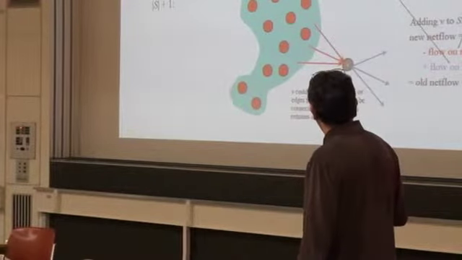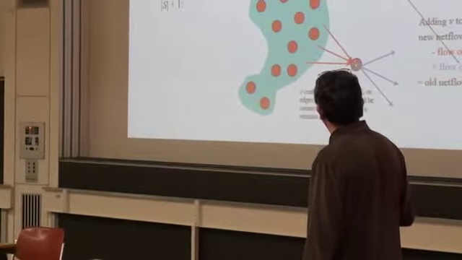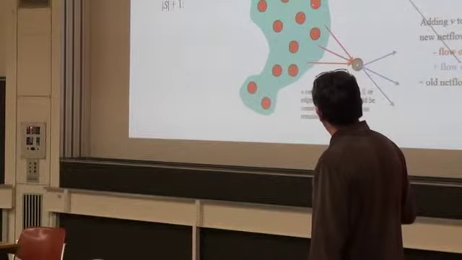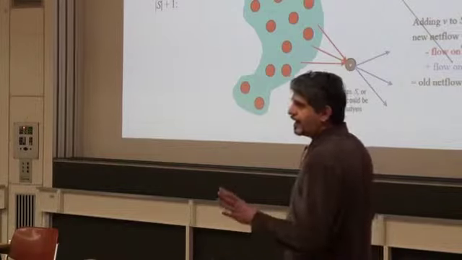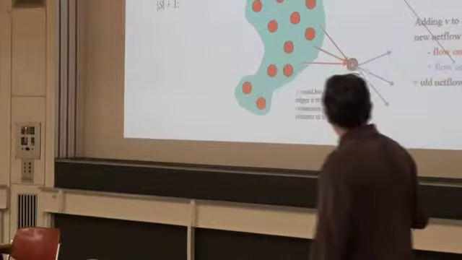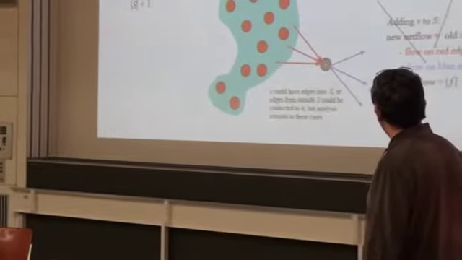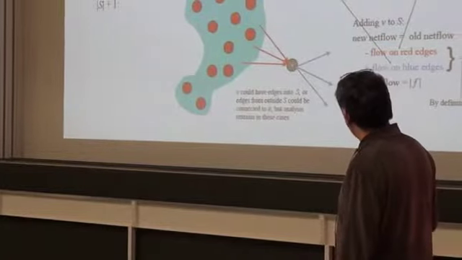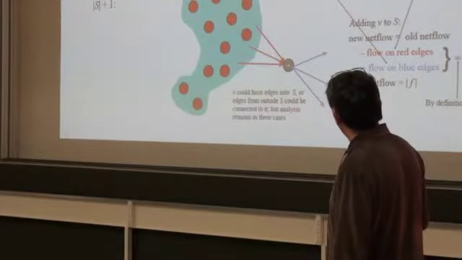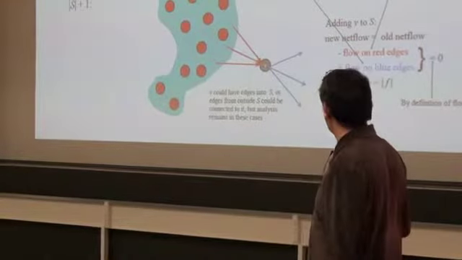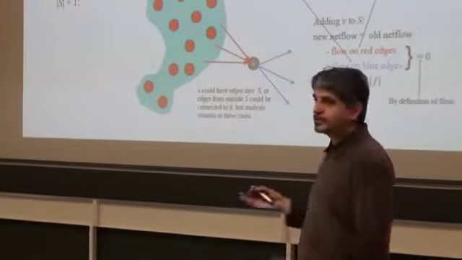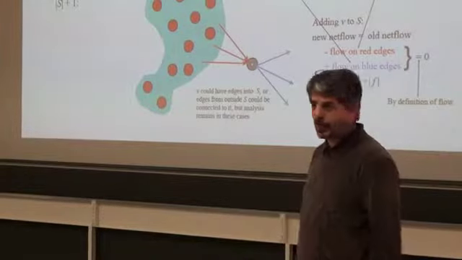Of course, there are also cases where there are edges going from V back into S, and cases where other nodes are flowing into V. You can handle them the same way as we are doing here. The new net flow is the old net flow minus these red edges, because they don't count anymore as outward edges, plus these blue edges, because now they are the edges going outward.